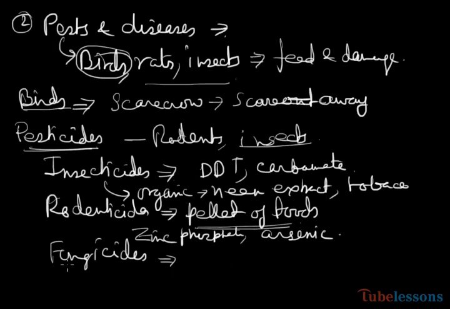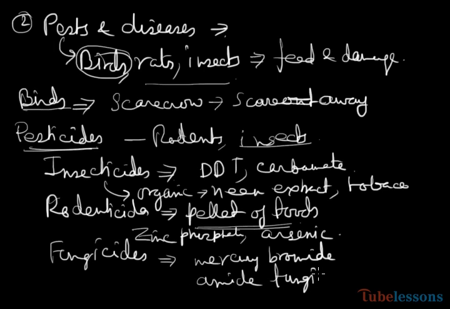Mostly, chemically they are mercury and bromide in nature. Amide fungicides are the common fungicides often used to control fungus. This way we can control pests and diseases.